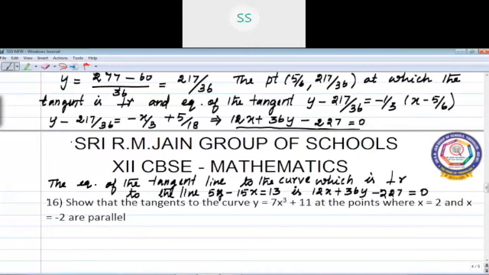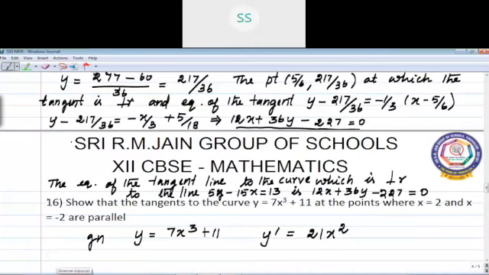For this, you are going to differentiate. Given y is equal to 7x cube plus 11, y dash equal to 21x square.